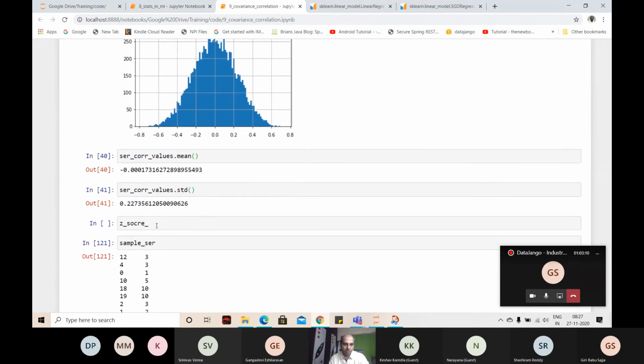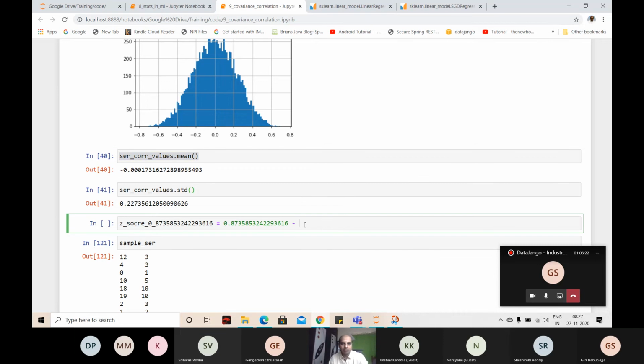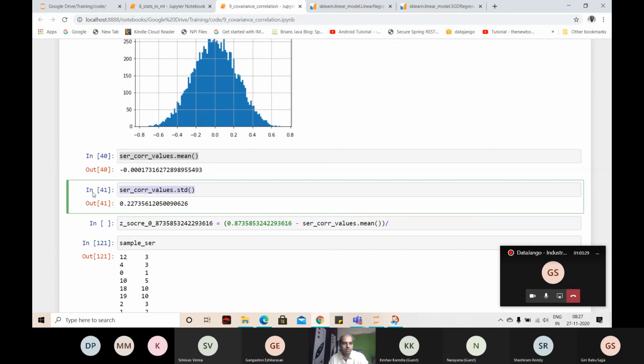I think these notes are very important, whatever I am doing right now. X minus mu, where mu is the mean, divided by sigma.